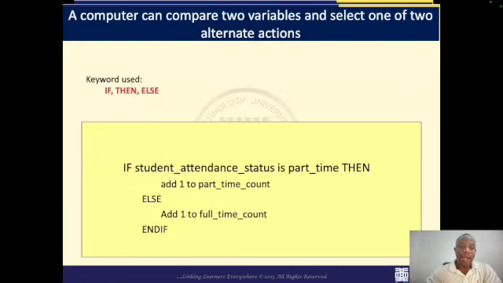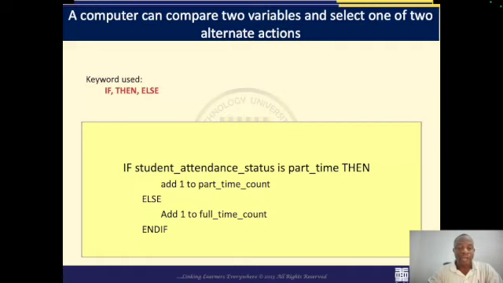Then let us look at how you can compare and select alternate actions in your algorithms when you are using pseudocode. You use what we call the if then else statement. Let's assume that we want to find students who are part-timers, and so we give a condition.